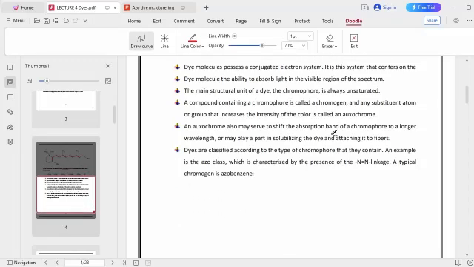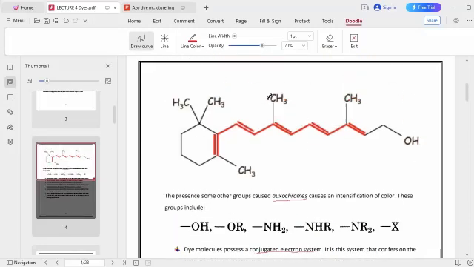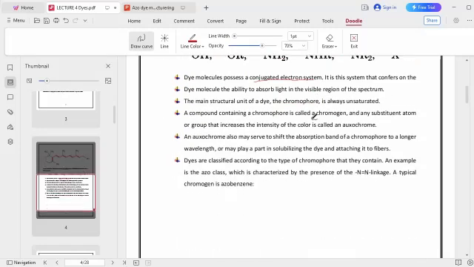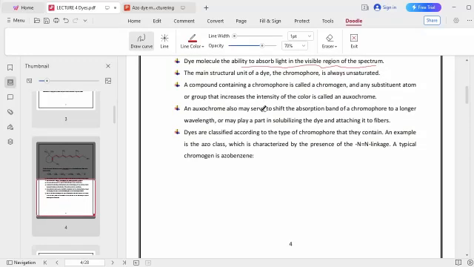So in essence, dye molecules possess a conjugated electron system, as was shown there. It is this system that gives the dyes the ability to absorb light in the visible region of the light spectrum and hence giving out color.